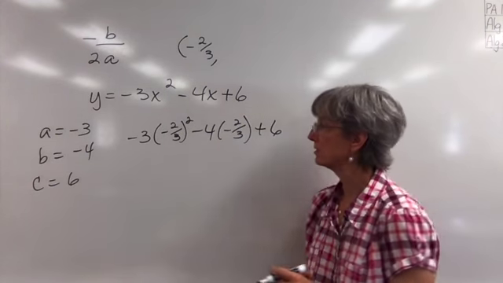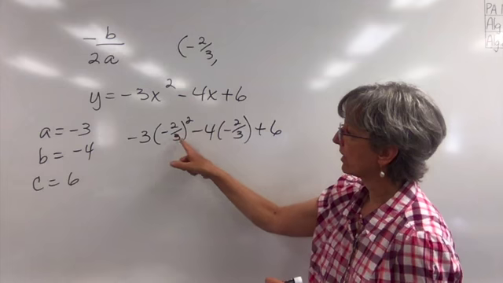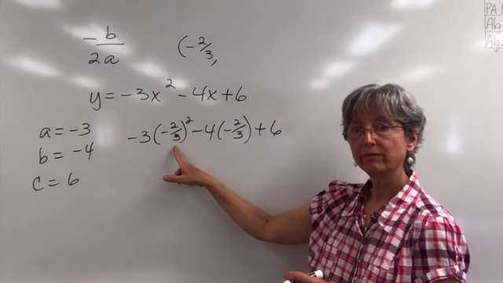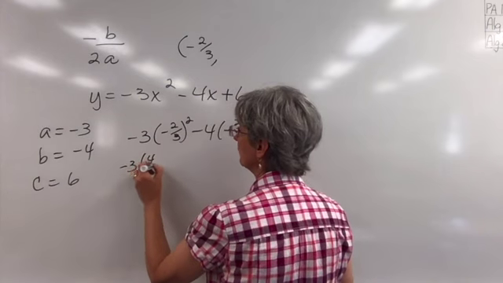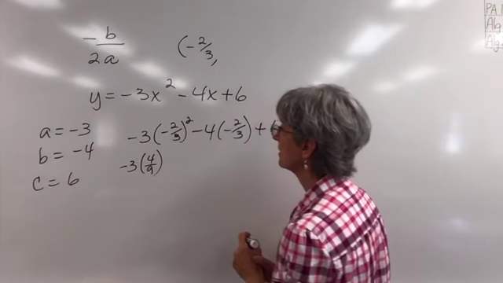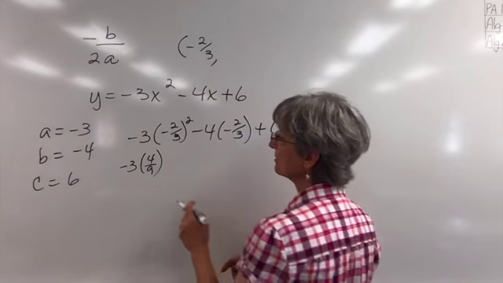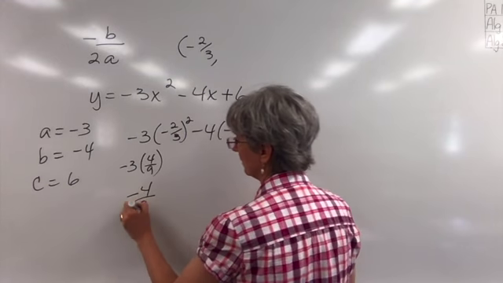This squared becomes positive 4/9. So negative 3 times 4/9 is negative 12/9, or negative 4/3.